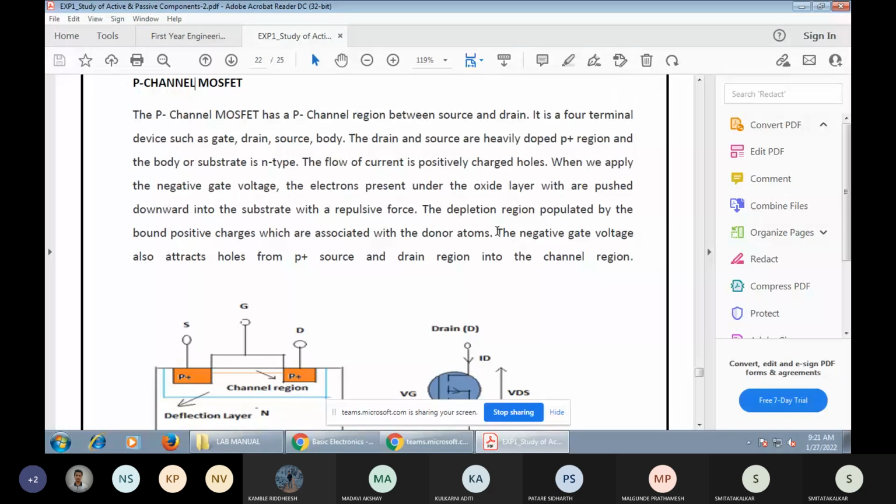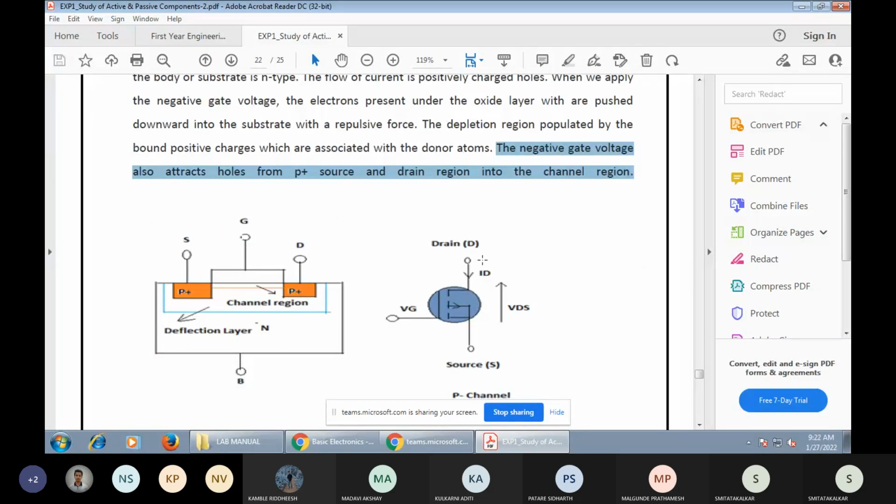If a negative gate voltage is applied, all holes are attracted to the P source and the drain region. P region is connected to the drain, and some P region holes are connected to the source. The source is connected to ground, and the drain is connected to VCC.